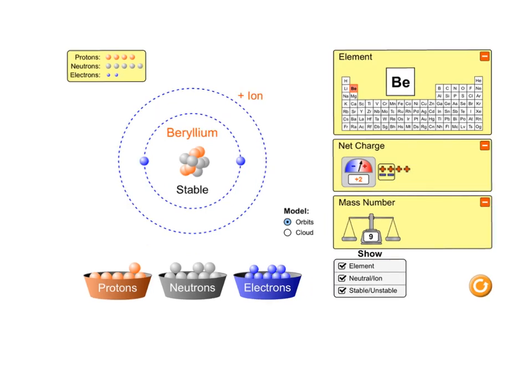And they form a beryllium plus 2 ion, which we write like this, Be plus 2, and it's plus 2 because there are 4 protons and only 2 electrons. So there are 2 protons that are not balanced by electrons, so there's a plus 2 net charge.